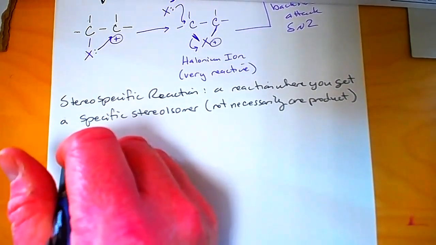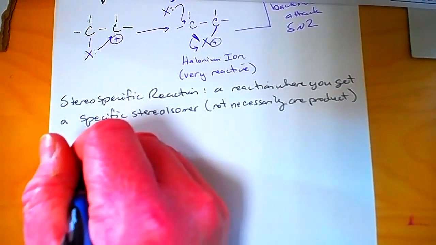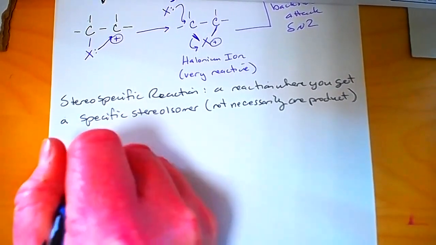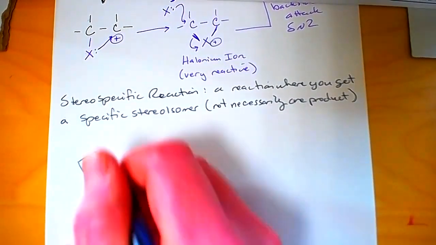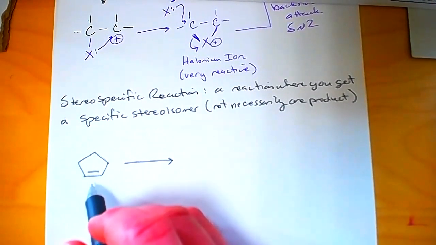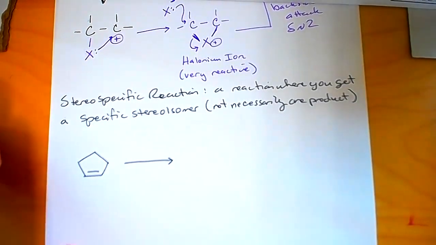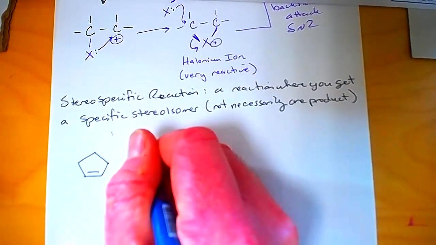So, okay, for instance, if we had this cyclopentene and we reacted that with bromine, Br2.